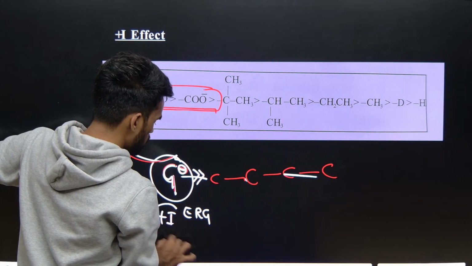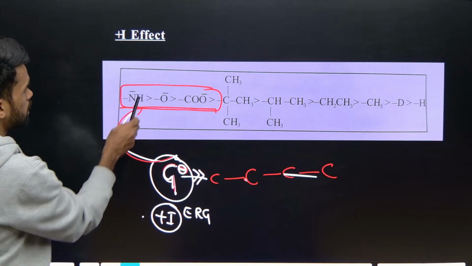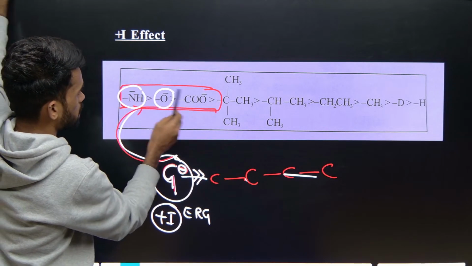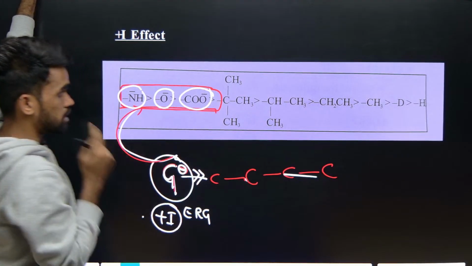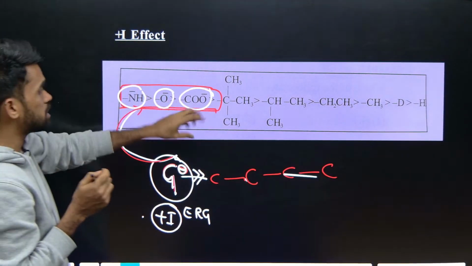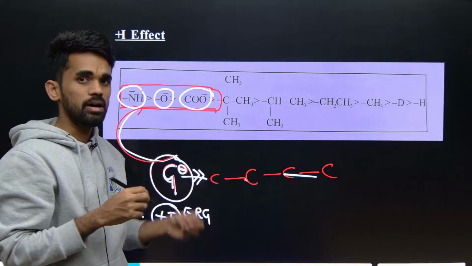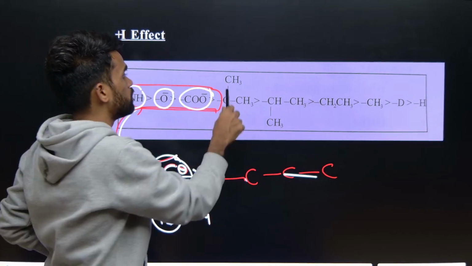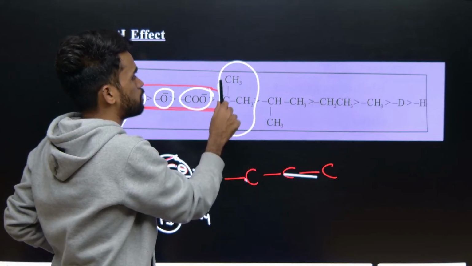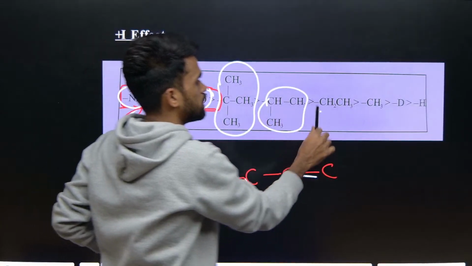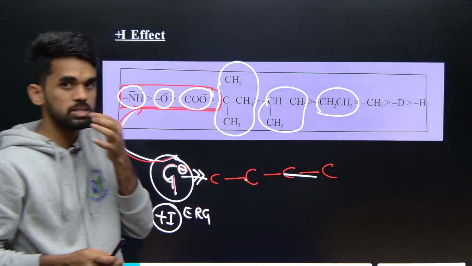See here, NH minus, O minus, COO minus, like that. And along with this, any neutral groups made up of alkyl chains, like carbons only, are also electron releasing groups.